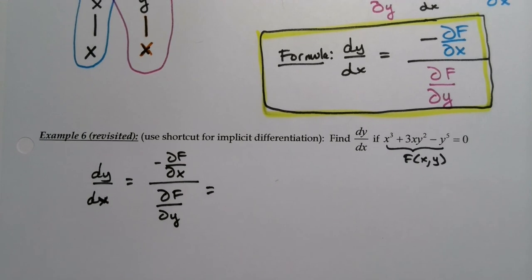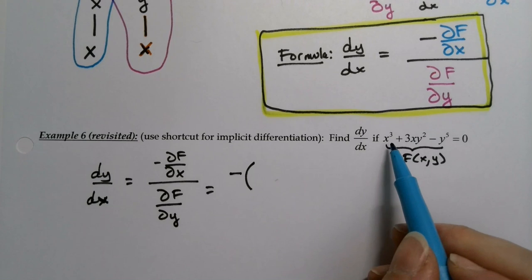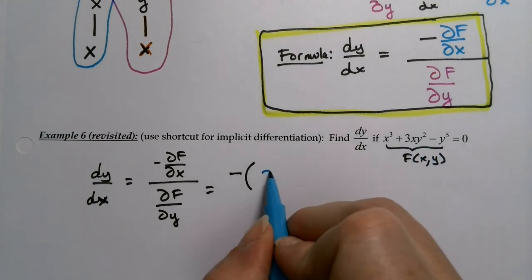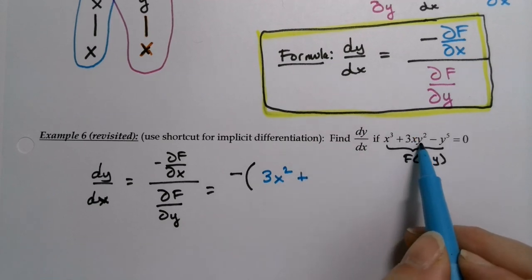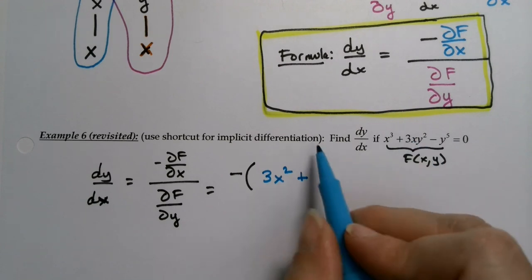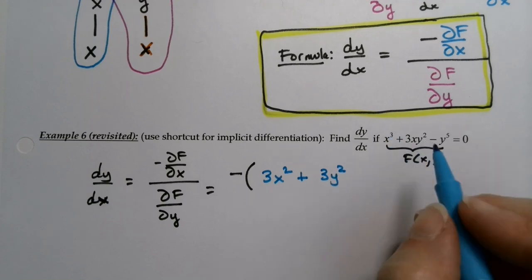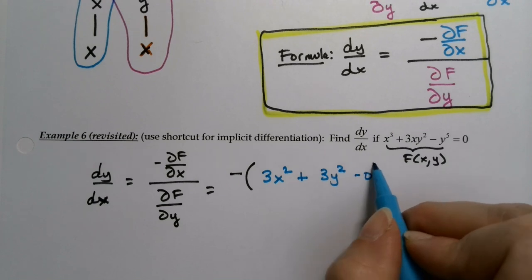So that would be negative, and then we take the partial derivative of this with respect to x, which we know how to do in our head. So that's 3x squared plus the derivative of this with respect to x. X is your only variable, so that would be 3 times y squared, but y squared is treated like a constant, and the derivative of a constant is 0, so there's nothing there. So minus 0 for the back one.